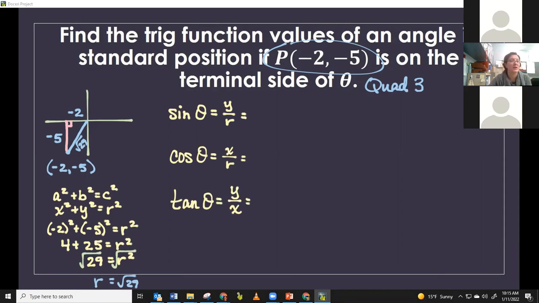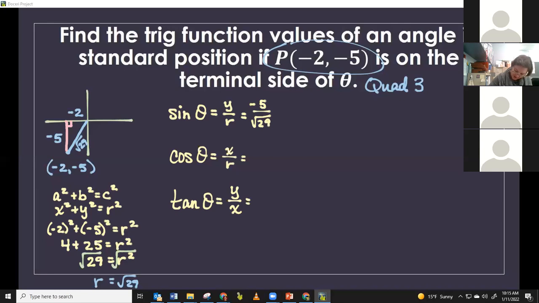Is it -5 over the square root of 29? Yes. -5 over the square root of 29.